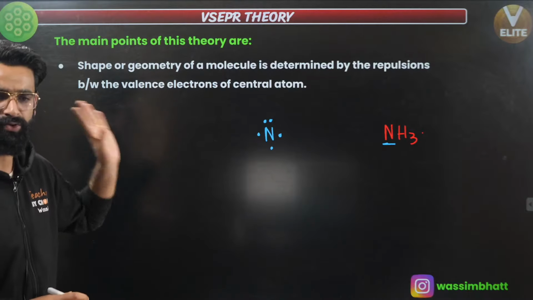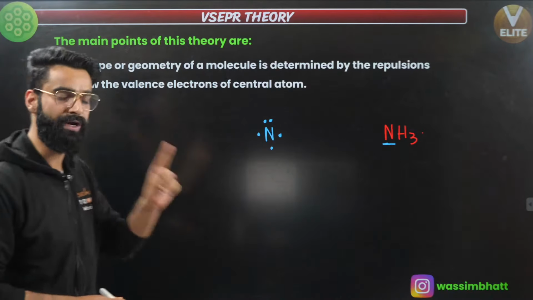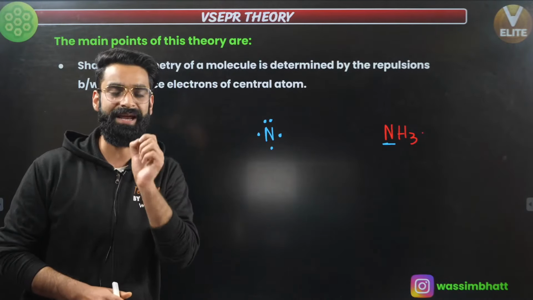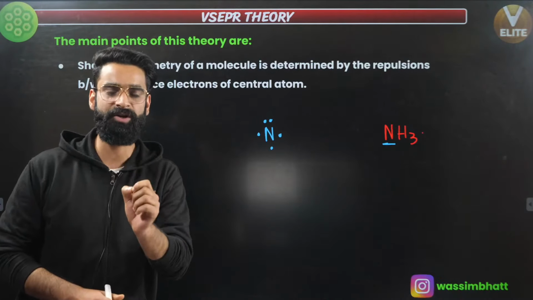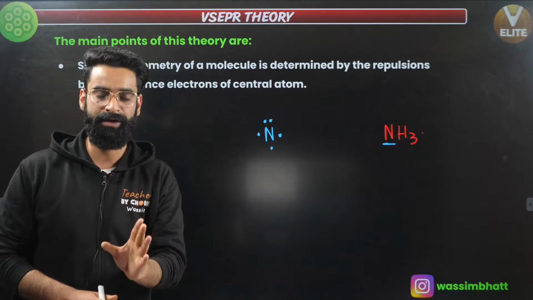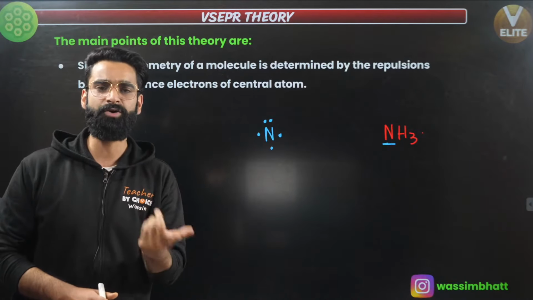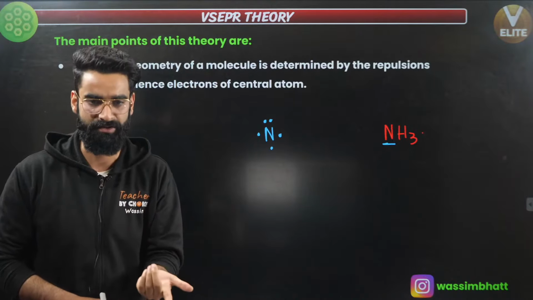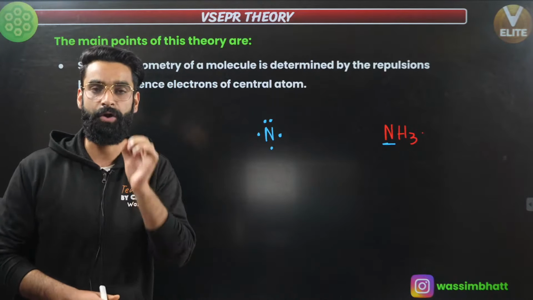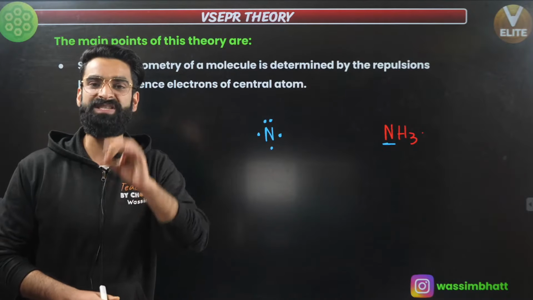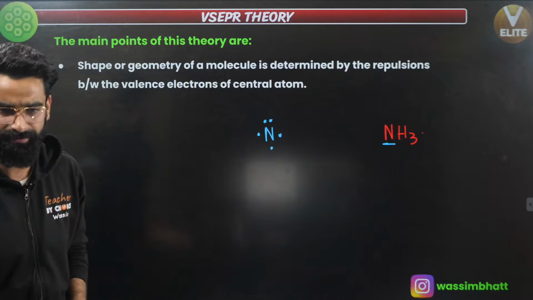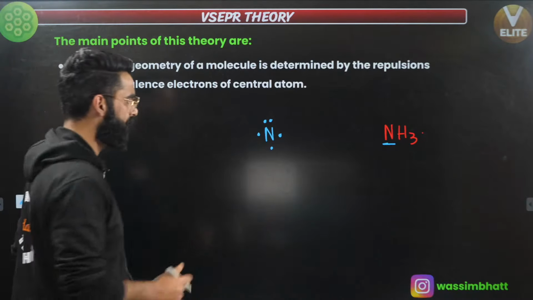I'm sure these two things are clear to you. Number 1, bonding electrons. Number 2, non-bonding electrons. Bonding electrons belong to the valence shell of the atom and participate in the bonding, whereas non-bonding electrons, or lone pair electrons, again belong to the valence shell but do not participate in the bonding. Now we will see.